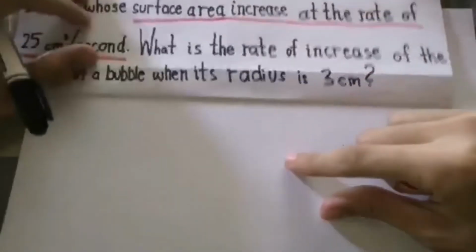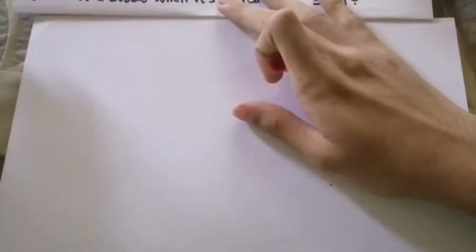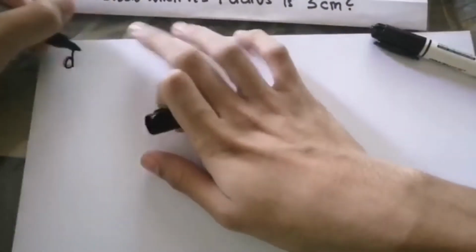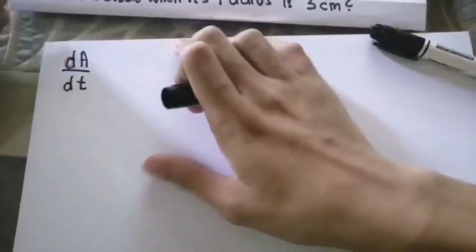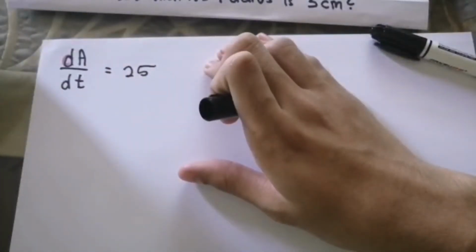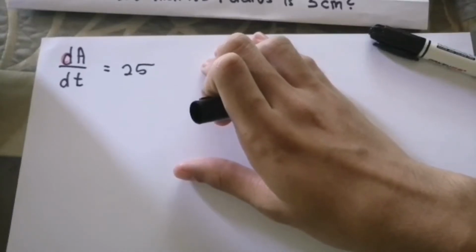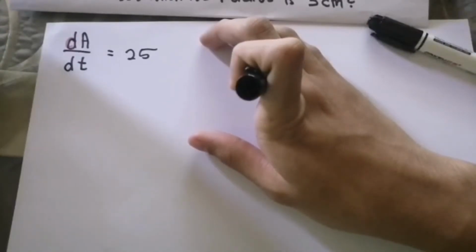So we will write it. The surface area increasing at the rate of 25 cm squared per second means that the derivative of area over the derivative of time is 25. Then we know that the area of a sphere is found using a formula.